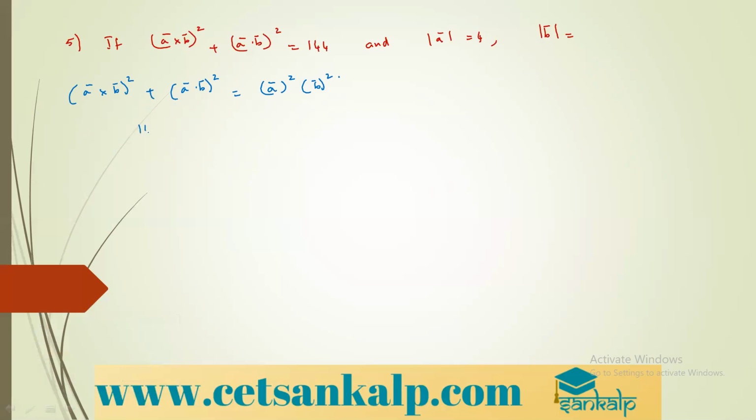So this is 144 equal to a square, which is nothing but magnitude of a square, and b square is nothing but magnitude of b square. So 144 is equal to 4 into magnitude of b square, or magnitude of b square is 144 by 4. So magnitude of b will be 12 by 2. That is 6.